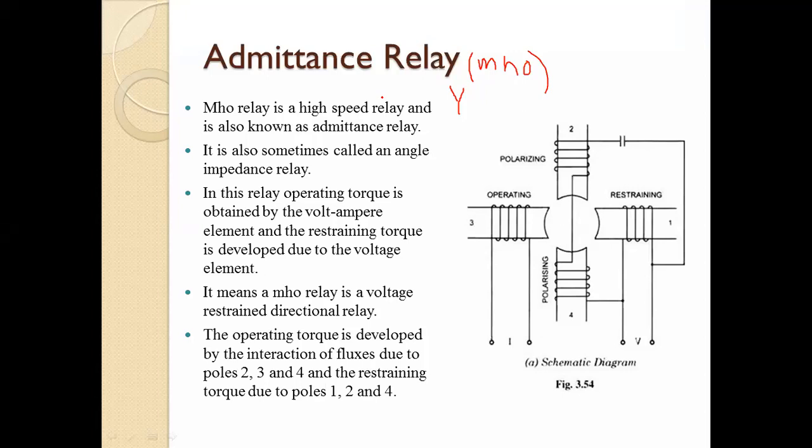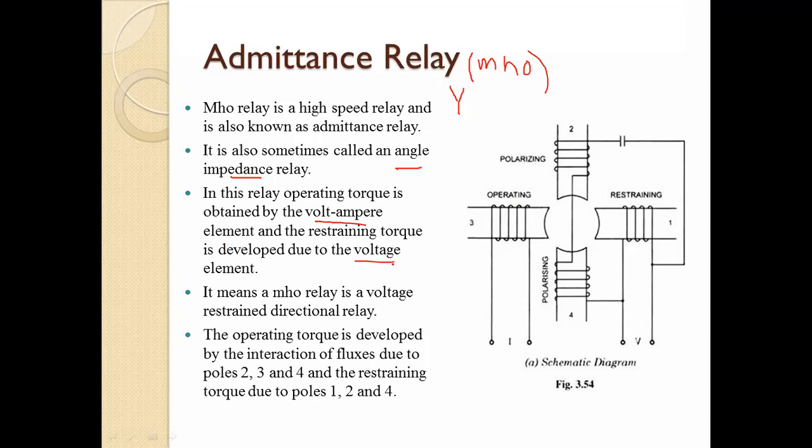It is sometimes also called an angle impedance relay. Remember, all three names can be asked as MCQ. Now, in this relay, operating torque is obtained by the volt ampere element, and the restraining torque is developed due to the voltage element.